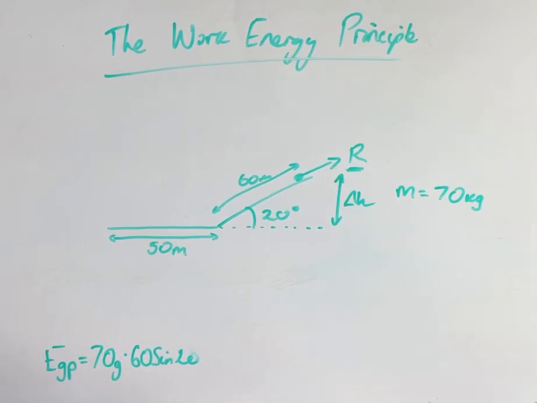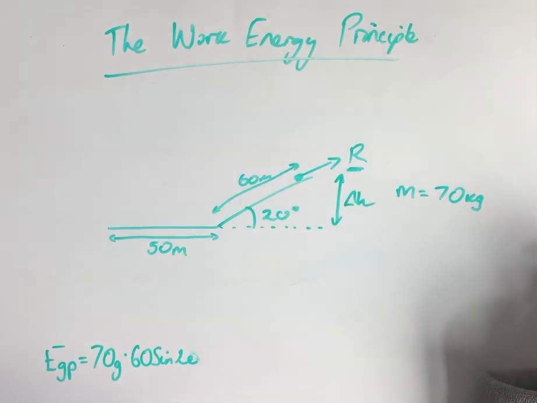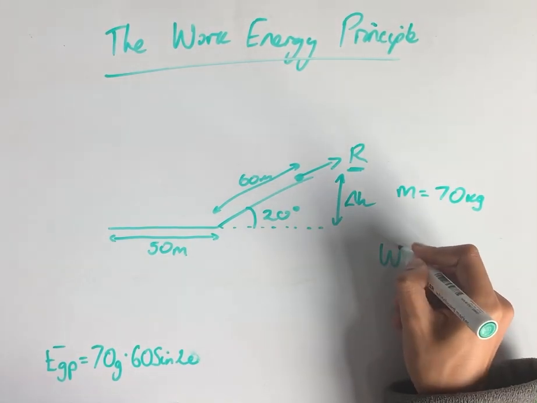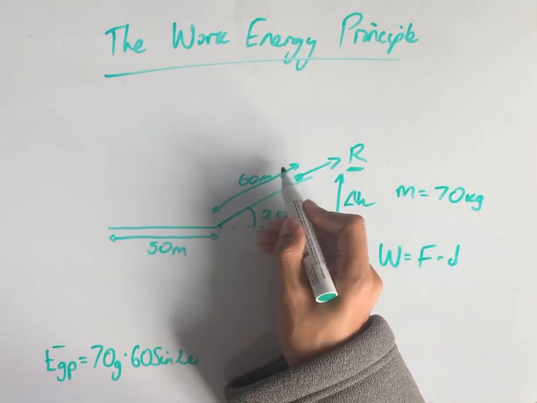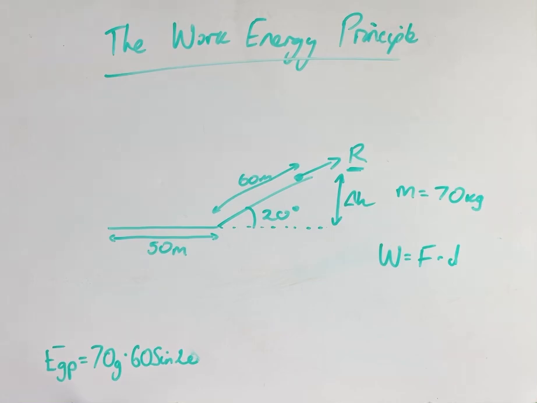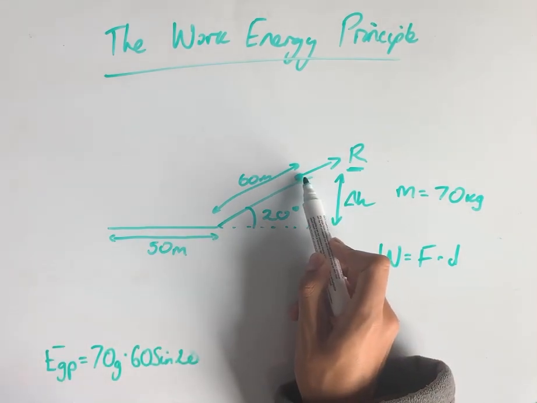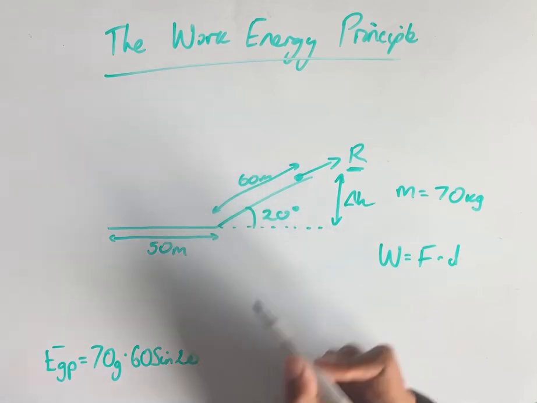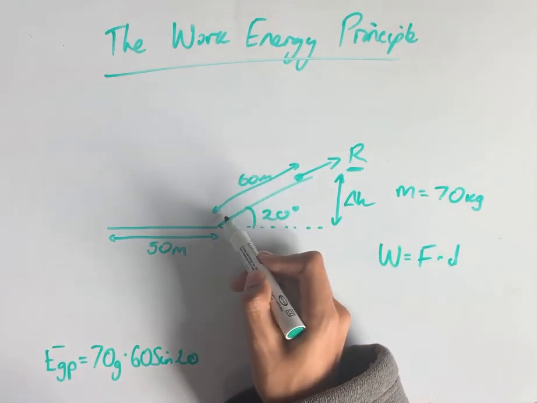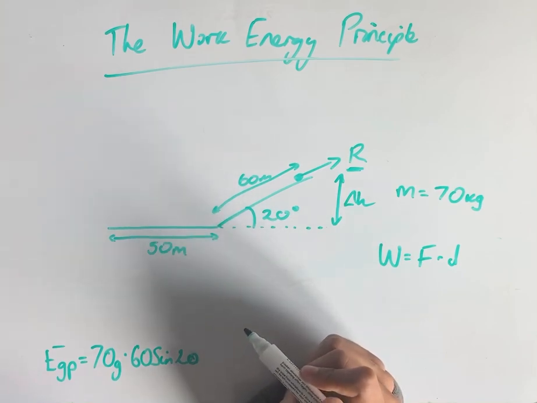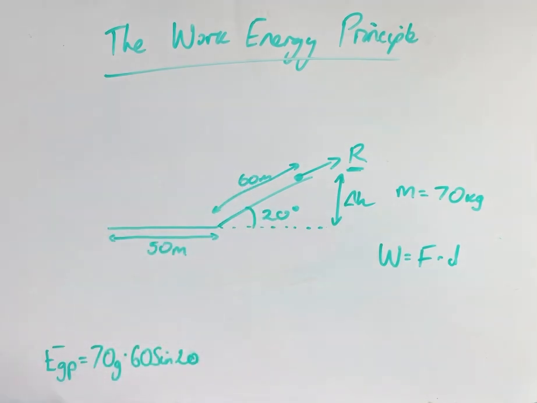Now, we know that the work done against friction is force times distance. So right now, we're just going to look at this 60-meter stretch over here. Initially, all the particle's energy is gravitational potential given by this sum here. And when it gets down, all of that energy has been converted into either kinetic energy or work done against friction.